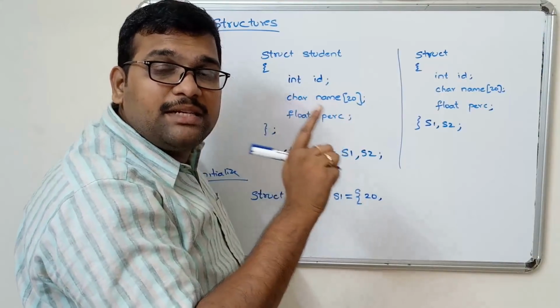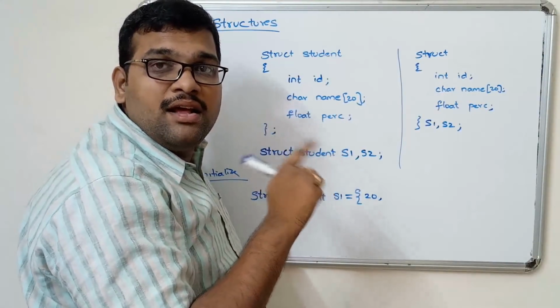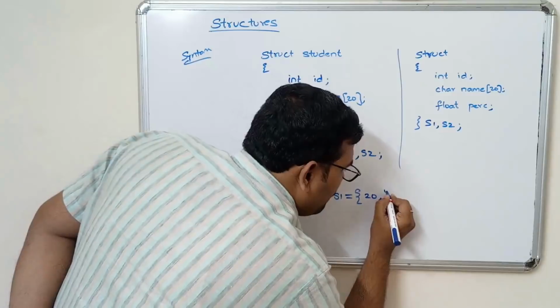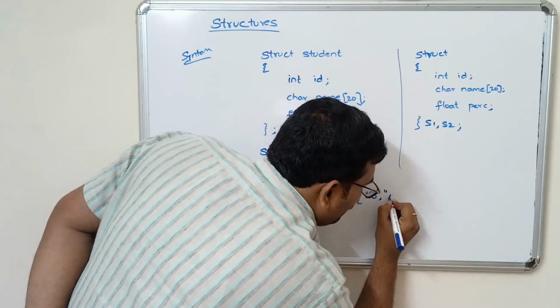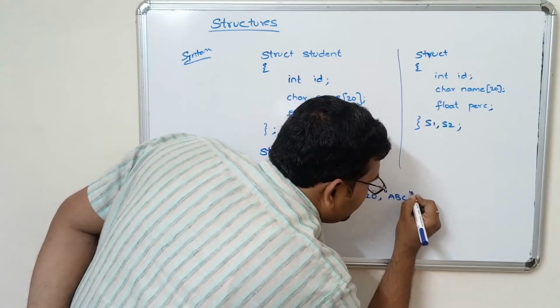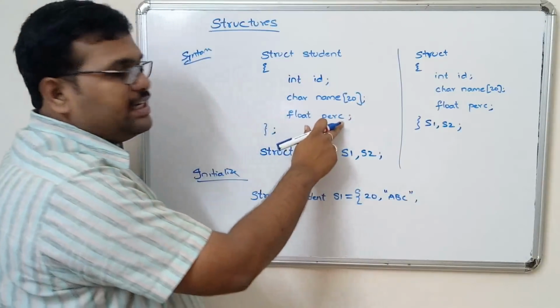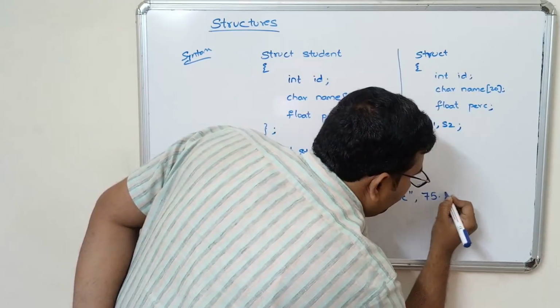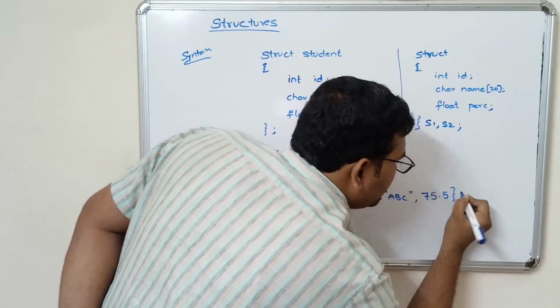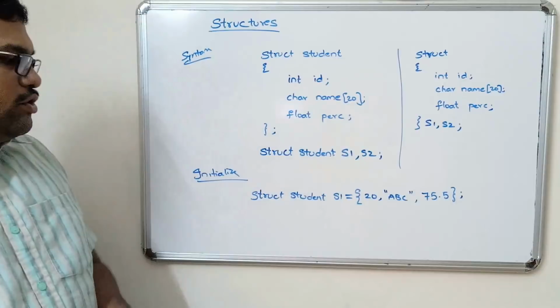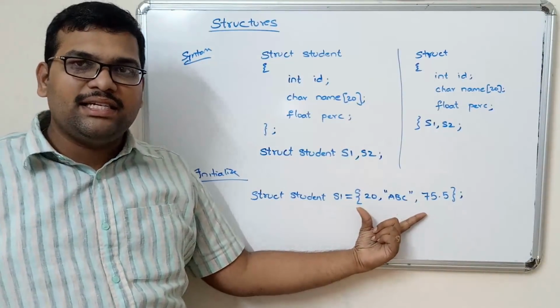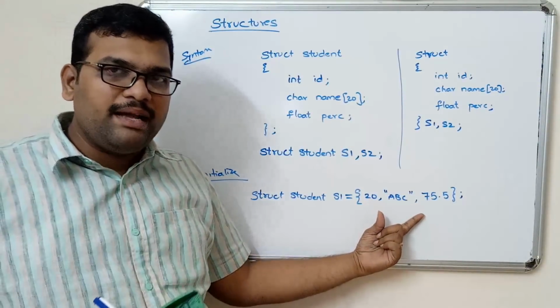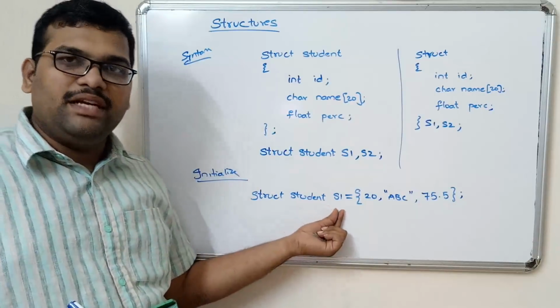A string must be represented in double quotes. Let us take the name ABC, comma, percentage, it's a float, 75.5, close the brace, close the semicolon. So this is the direct initialization, that means a compile time initialization, for the structure variable S1.